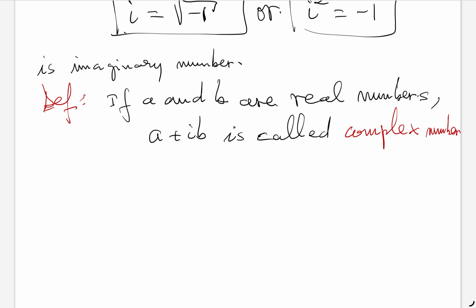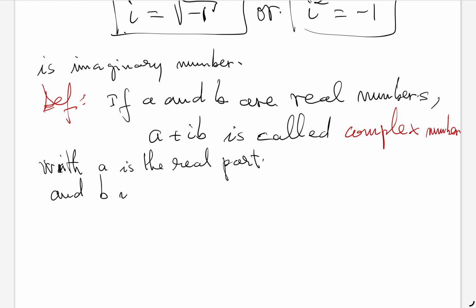Okay, so let me recap. a is a real number, but here in our case a is the real part, and b is the imaginary part. So you have to understand those.